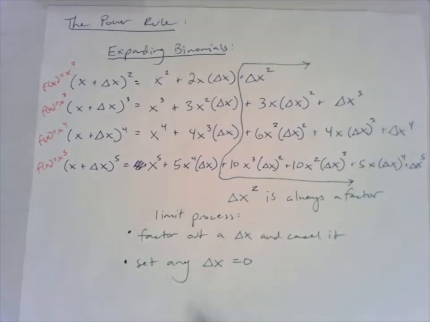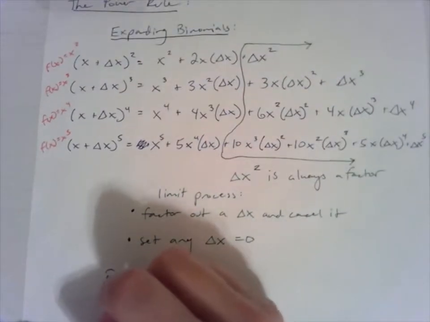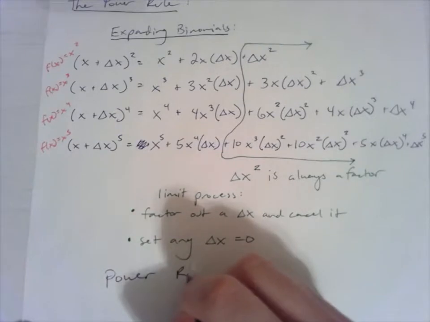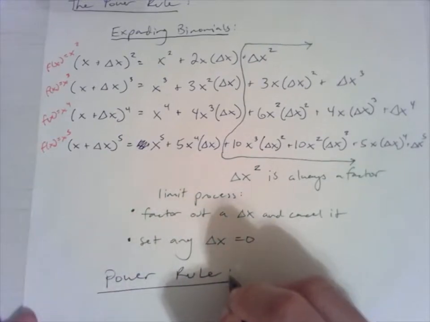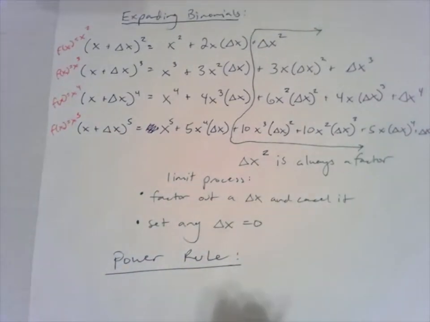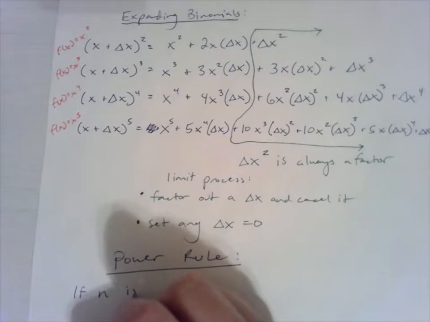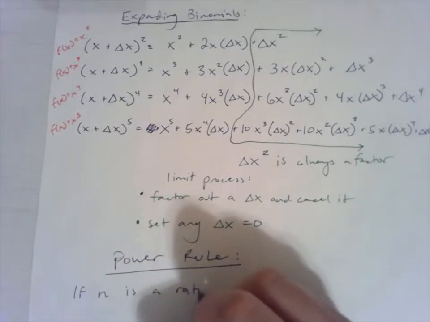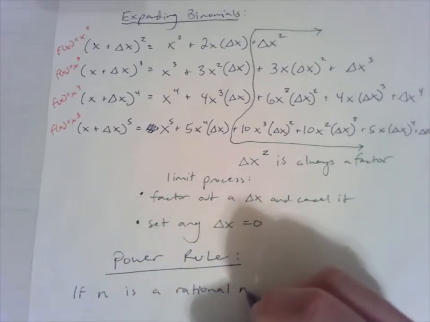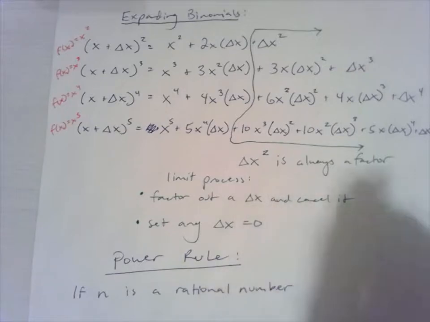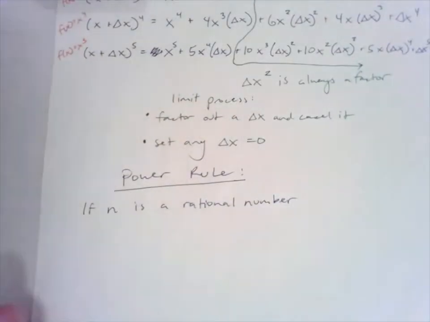What we can use to describe these first pieces is the following rule. So here's the power rule. Alright, we're going to get a little formal here. We're going to say if n is a rational number, can you see this okay? There we go.